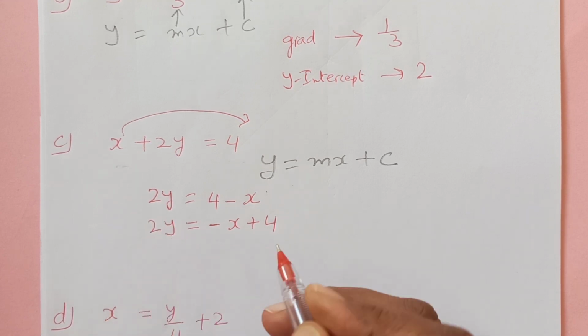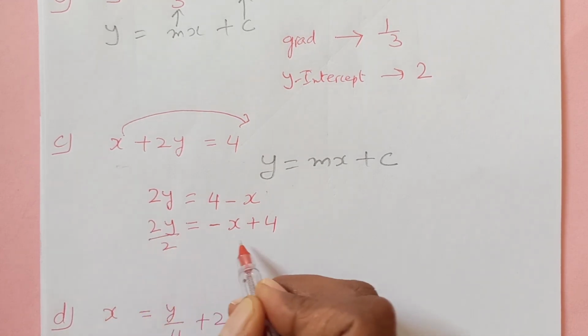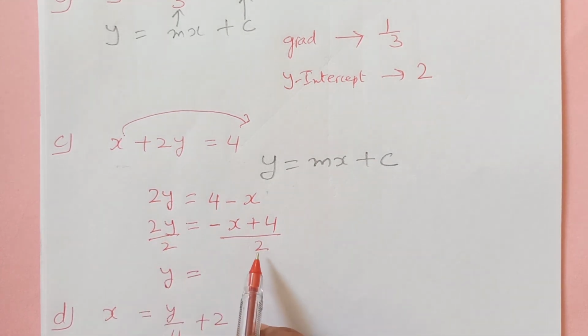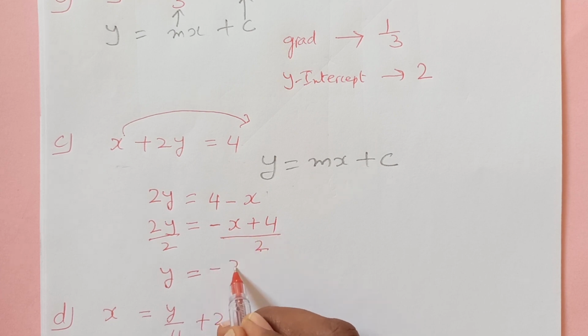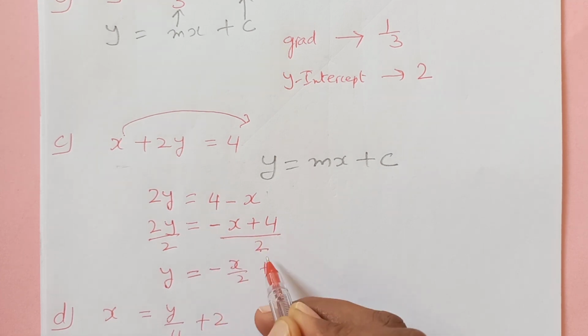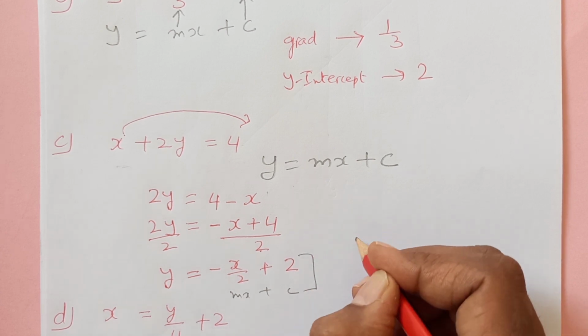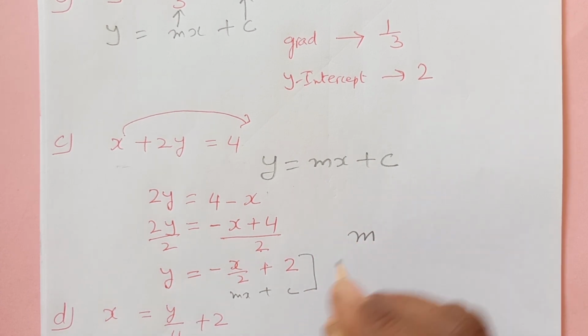So 2y. Now divide by 2 on both sides so that we can have y equals something. This 2 belongs to both of these terms. So it is negative x over 2, and 4 over 2 is 2. Now when you compare this, this is mx plus c.